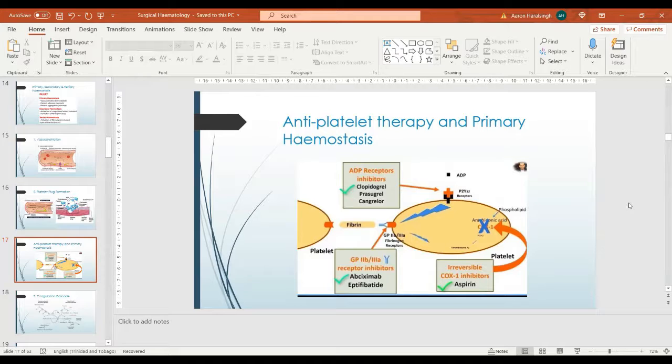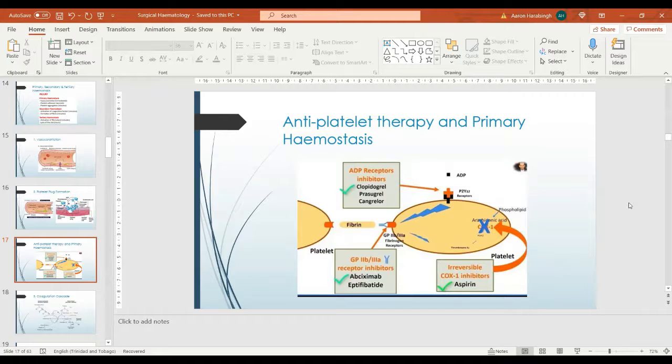Clopidogrel is one of the other medications, and it works by inhibiting platelet activation and aggregation by binding to the P2Y12 class of receptors on platelets, and these are ADP receptors that it binds to. So these are essentially ADP receptor inhibitors.